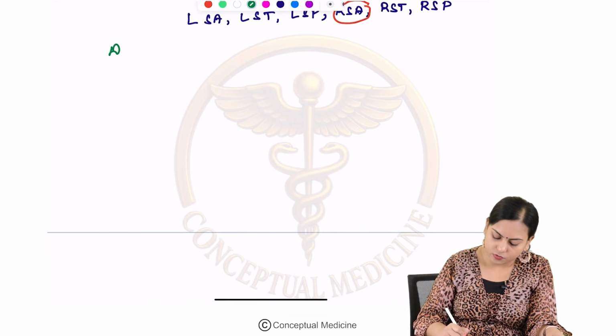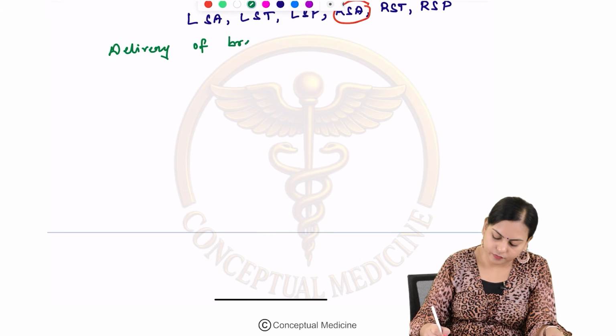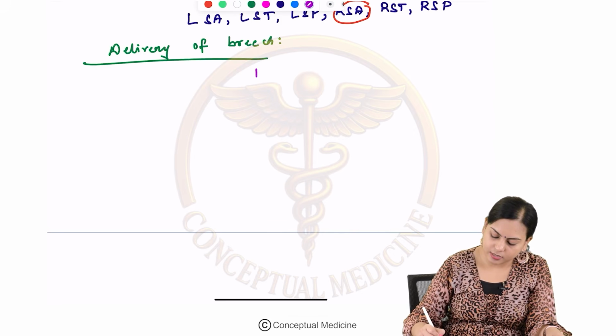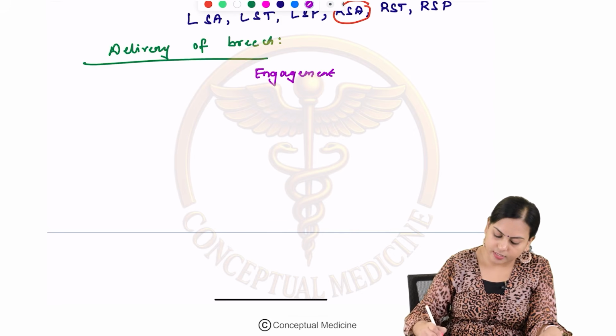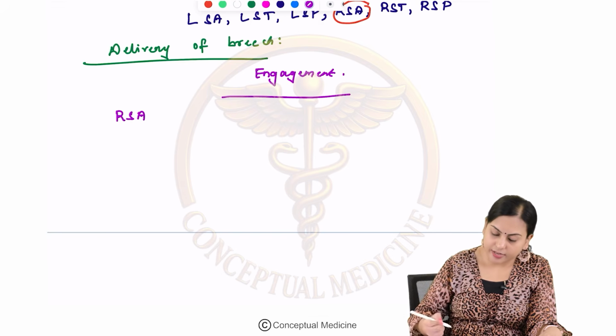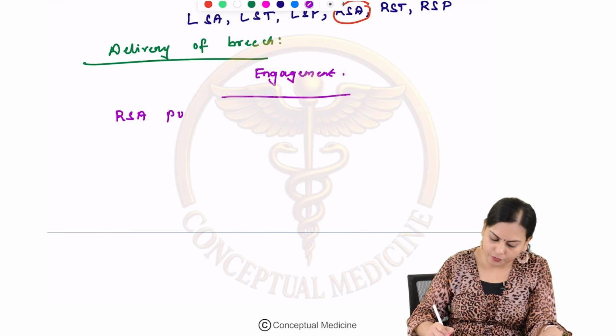So, when we discuss delivery of breech, you have to know that there is engagement first. Engagement means we are considering right sacro-anterior position now.